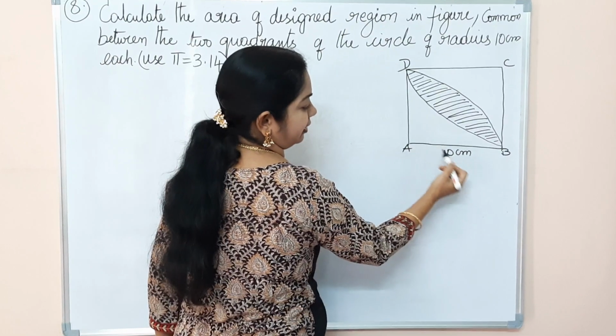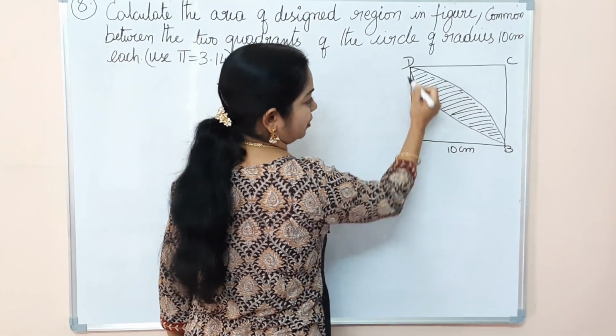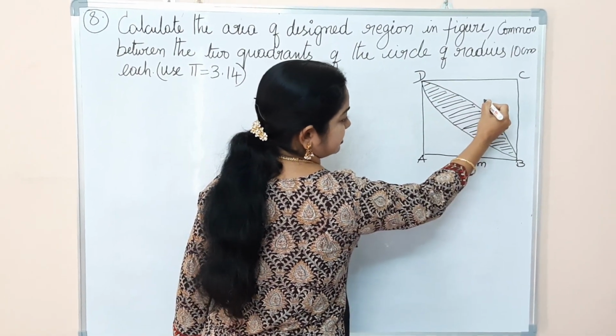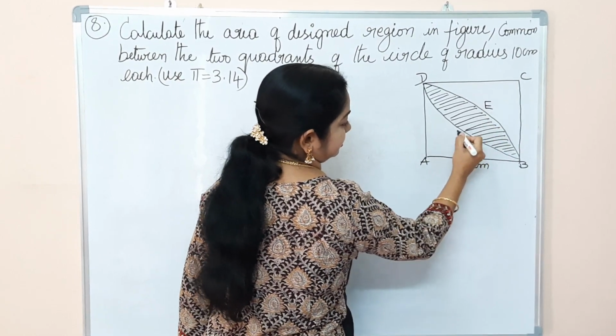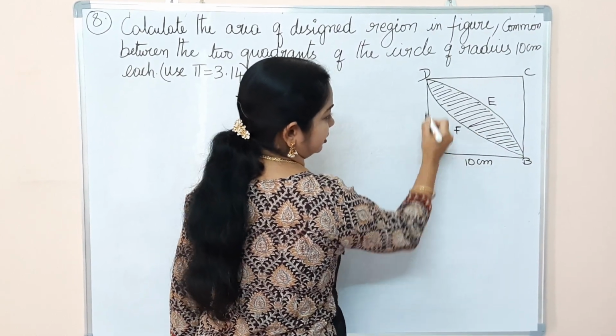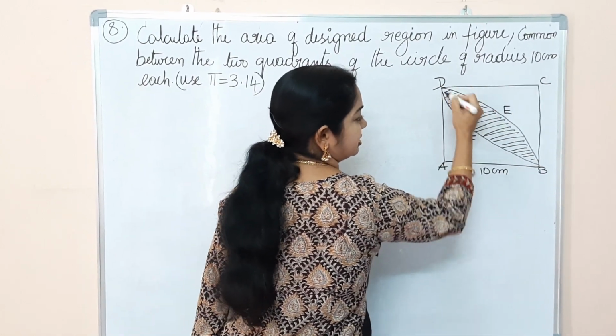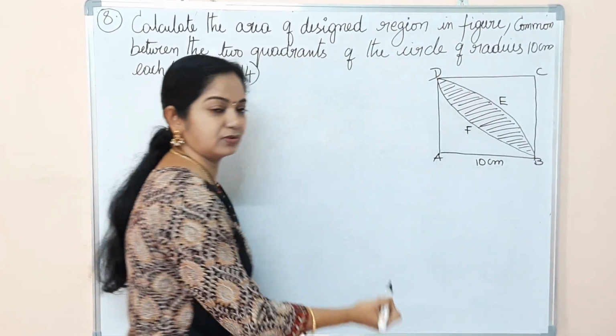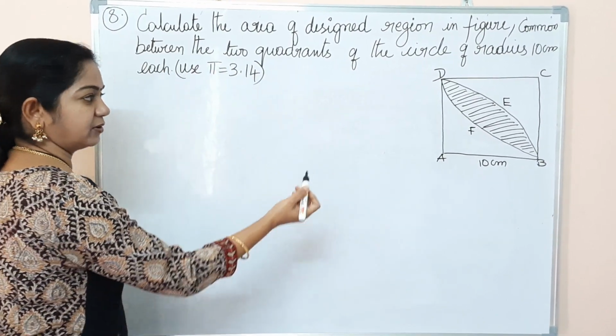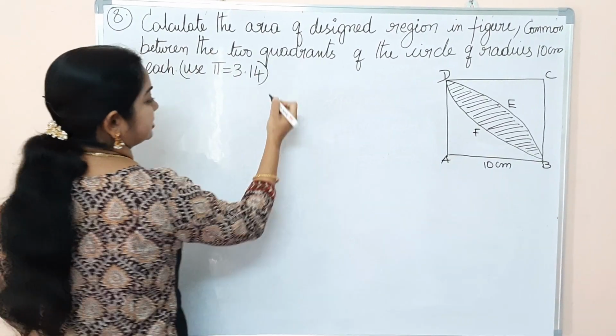Here is given the square with side 10 centimeters and the quadrants. Let's name these E and F. So the quadrant ADEB and the quadrant CDFB. The quadrants are nothing but one-fourth part of the circle. They are the sectors.